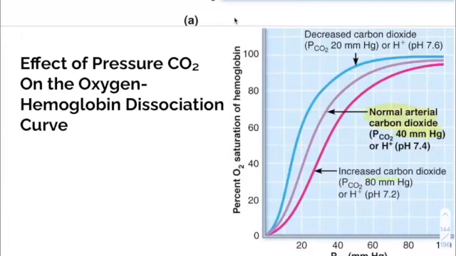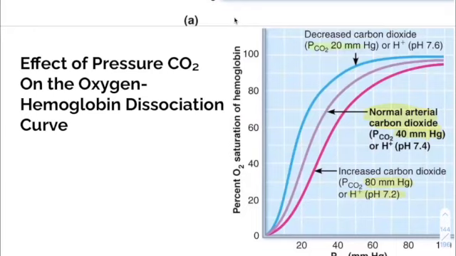But what if we get up to 80 millimeters of mercury pressure of carbon dioxide? Or our pH gets to about 7.2. That's going to decrease the affinity of hemoglobin for oxygen. And so that hemoglobin is going to change that shape and release more oxygen.